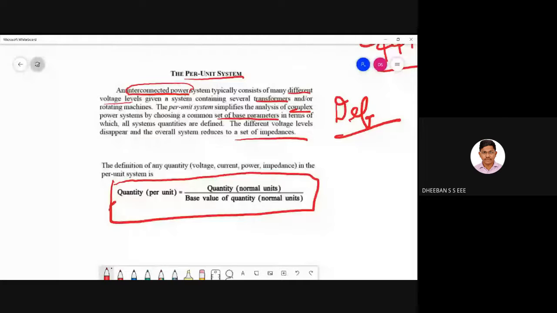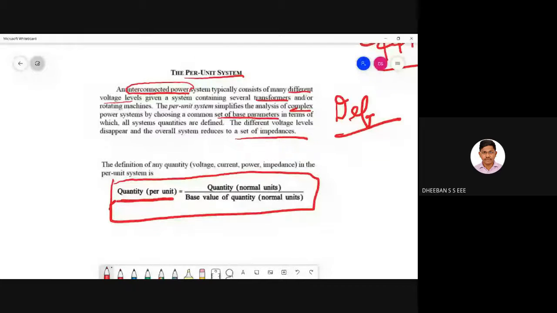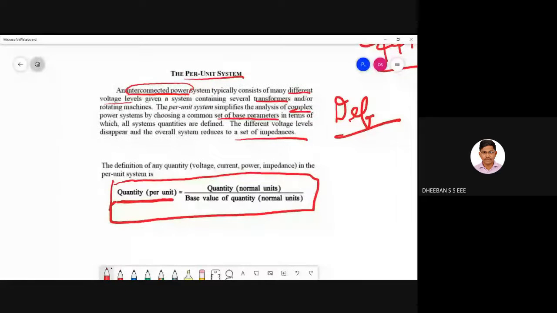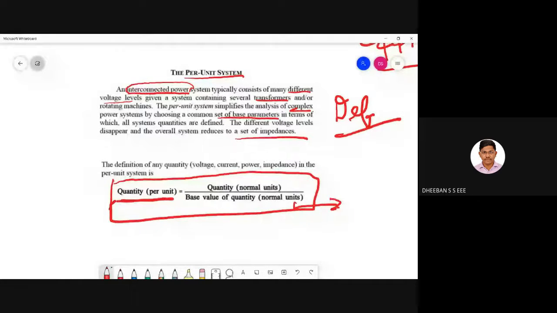The formula is: quantity per unit is the value that you have to get. How is it obtained? It is the quantity in terms of normal units, divided by the base value of the quantity. This is the representation.